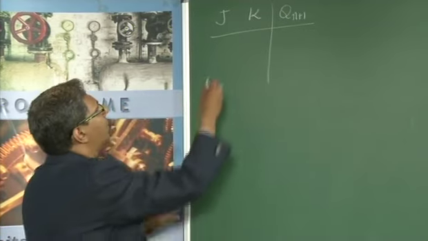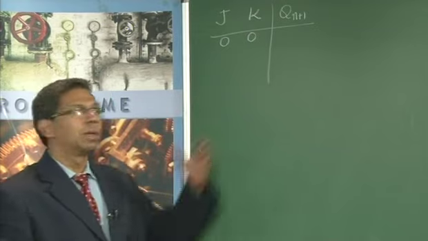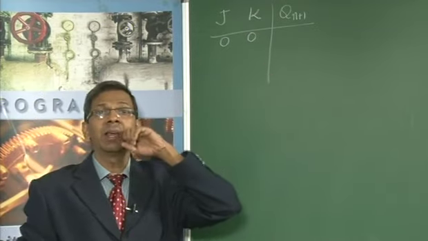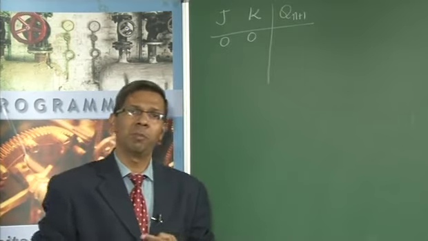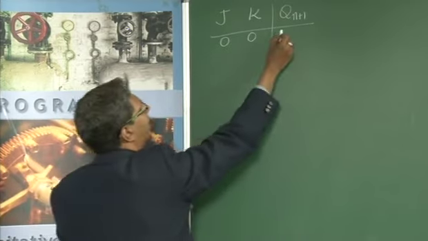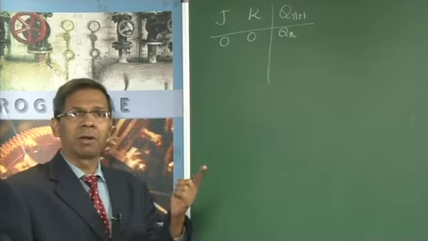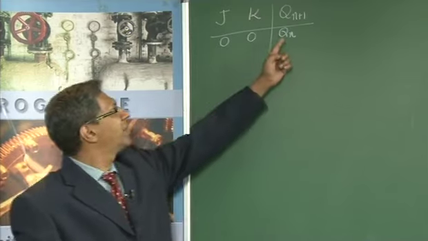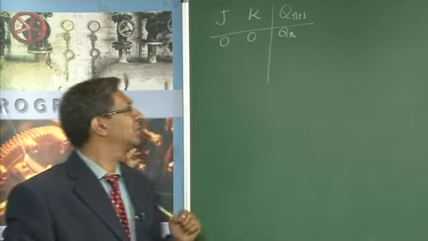Now, if the inputs J and K are 0 and 0, the output is going to be in memory state. That means Qn plus 1 is going to be the same as Qn. That means it is going to retain whatever the previous value was. If the previous value was 0, it will retain as 0. If the previous value was 1, it will remain as 1.